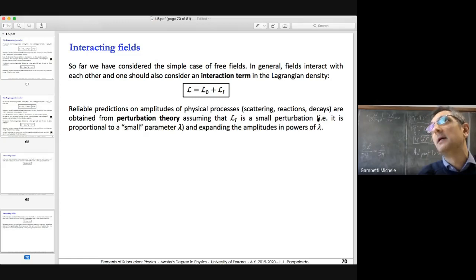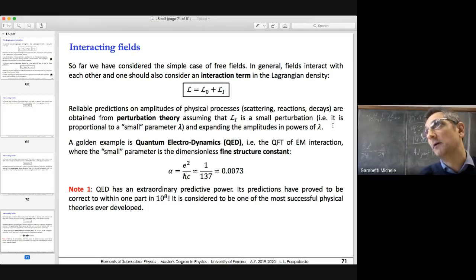So this interaction Lagrangian density will be proportional to a small parameter, lambda, let's say. Then you make a power expansion in lambda. You see that only the first few orders are relevant, and as soon as you go to higher orders, their contribution becomes more and more negligible. And so you already obtain a very reliable prediction if you stop your expansion at the first few orders.